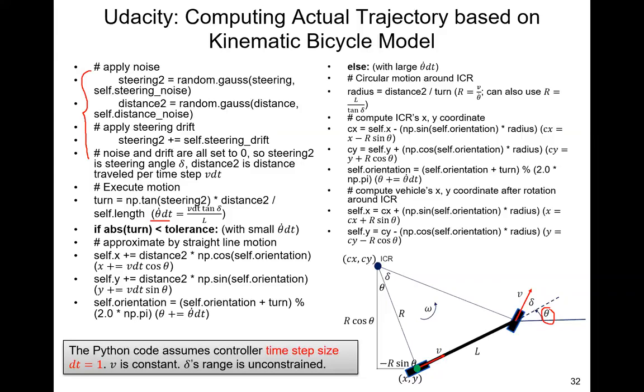So that's theta dot times dt. And then if the change in vehicle heading is small, if the absolute value of the turn is less than the tolerance, you can approximate this motion with a straight line motion with the equation we saw before, the approximate equation.